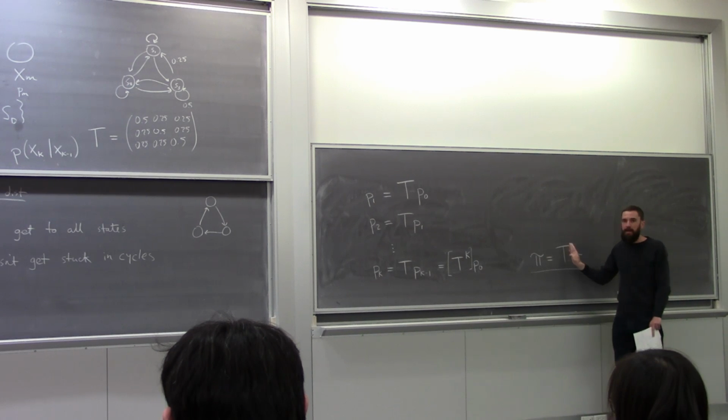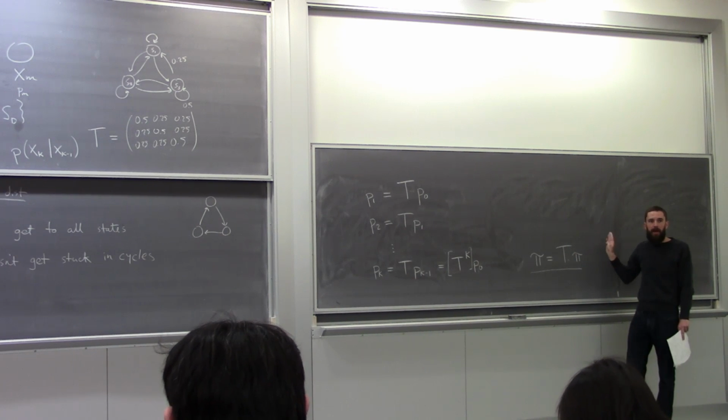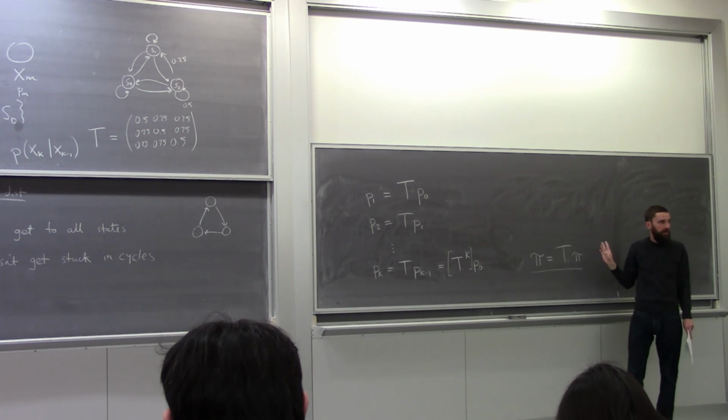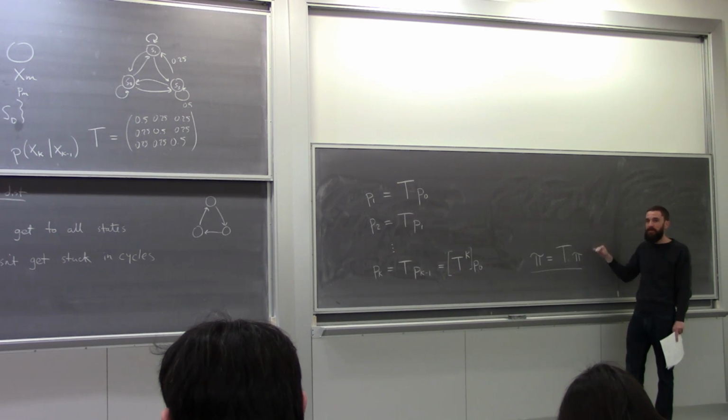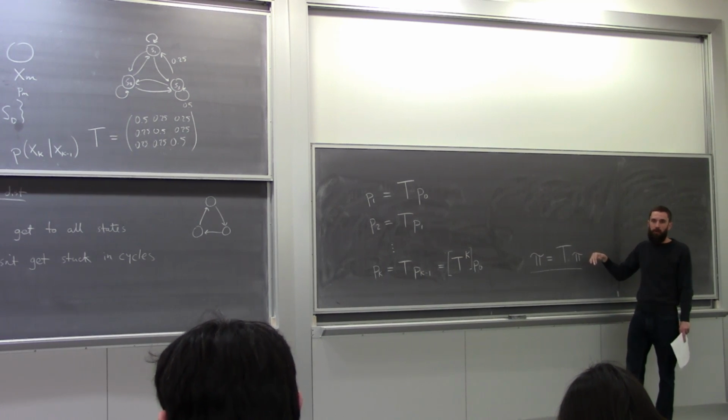the remaining eigenvectors have eigenvalues. They might be complex numbers, but their absolute value is less than 1. And this is an important property.